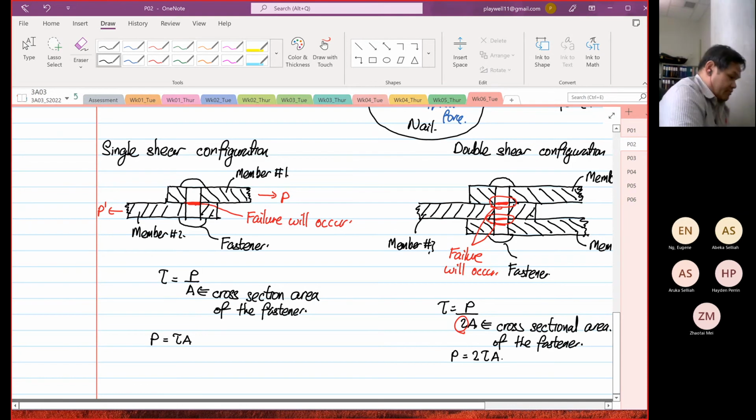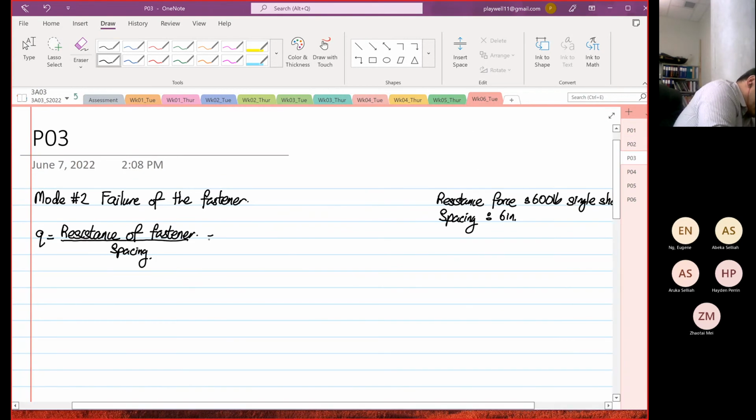So twice. So we realize that the resistance force is twice for double shear. The resistance force is single for single shear. So therefore, for this case, this will be equal to 600 multiplied by 2. Right? And this is because of double shear.